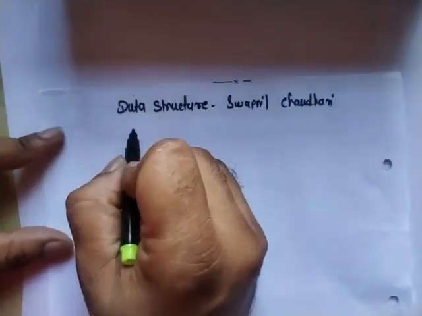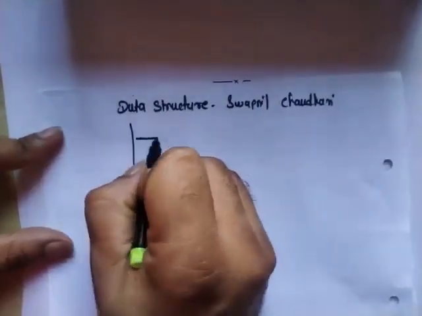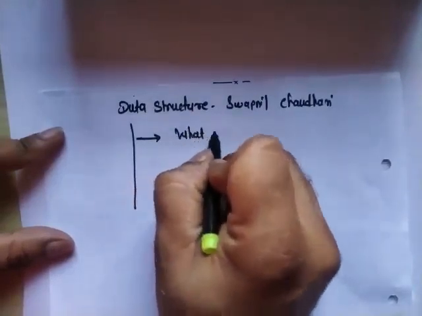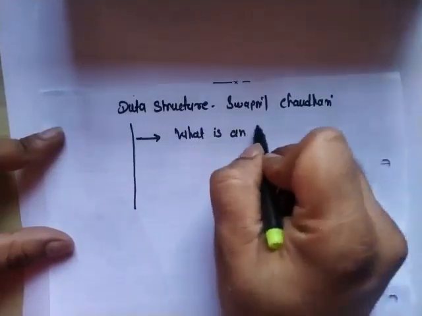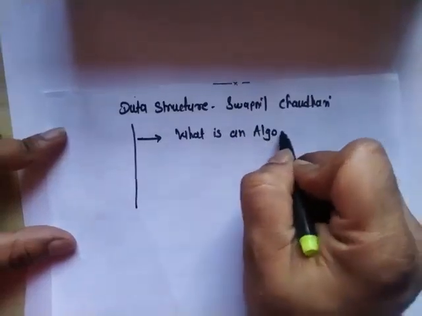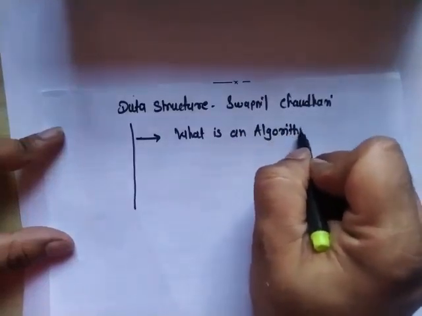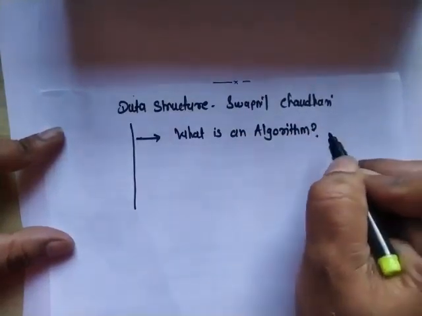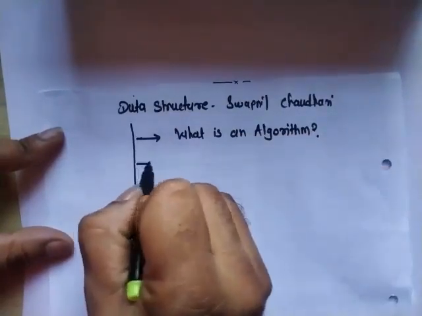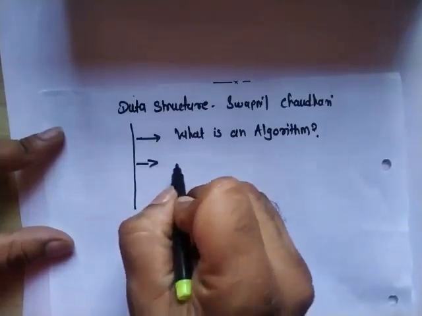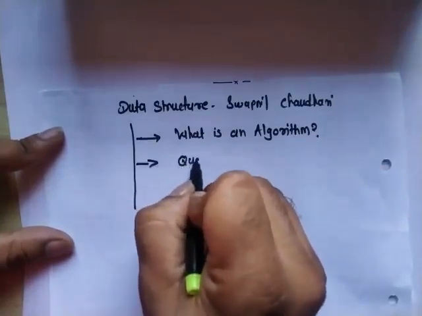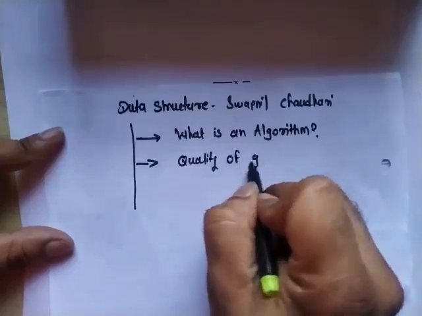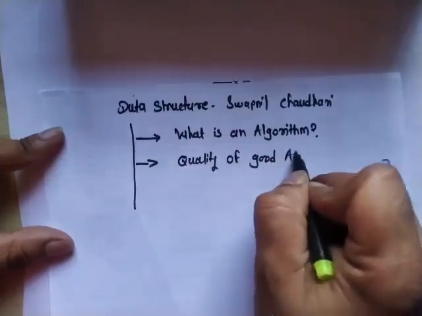So the objective of today's session is, today we will learn what is an algorithm. Next we are going to see the qualities of a good algorithm.